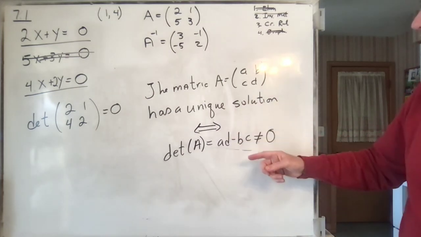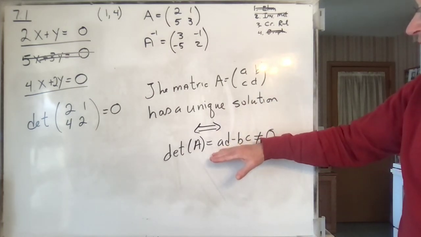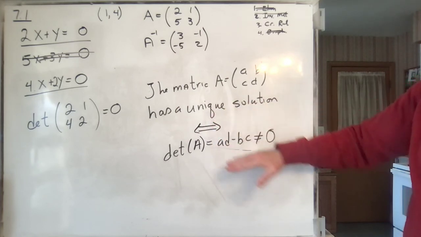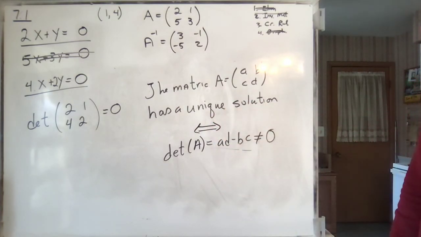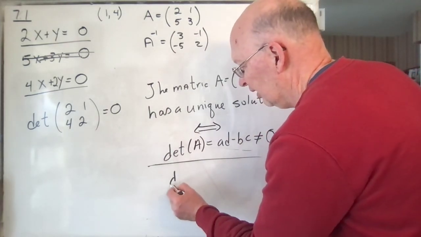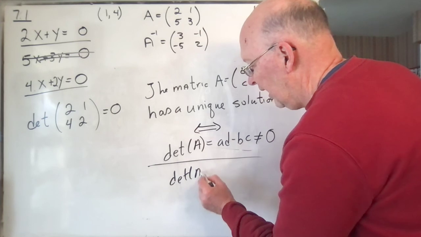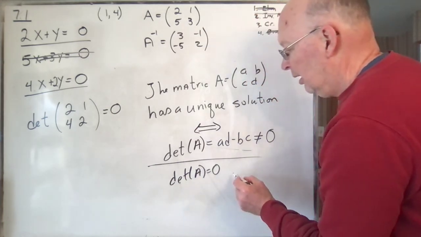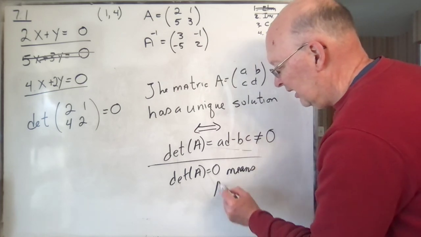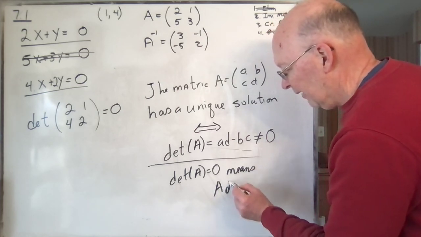You could also change it around and say if the determinant is 0, then this thing has multiple solutions. Okay, so we could write it like that as well. We could write determinant of A equals 0 means A does not have a unique solution.